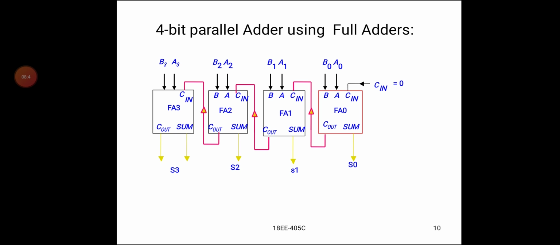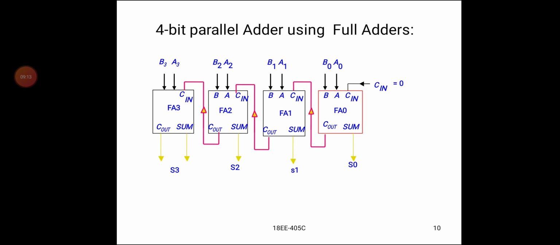Here inputs are A1, B1 and C in, and it generates sum S1 and carry C out. The C out is connected to the C in of FA2, full adder 2. Now it has 3 bits A2, B2, C2, so we get output sum S2 and carry C out.